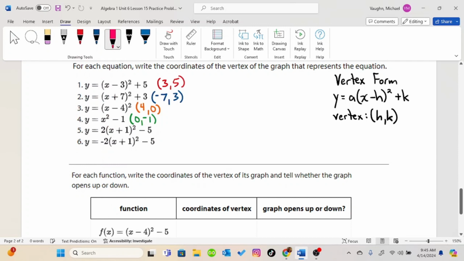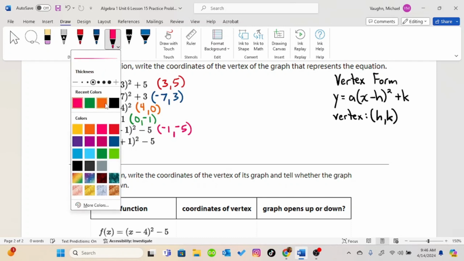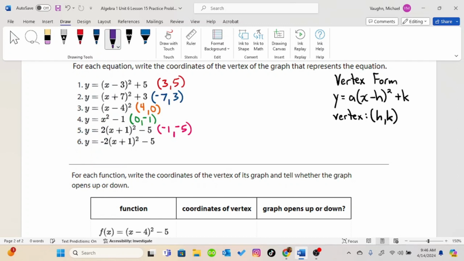Minus h would be negative 1, plus k would be negative 5. And number 6, minus h would be negative 1, plus k would be negative 5.